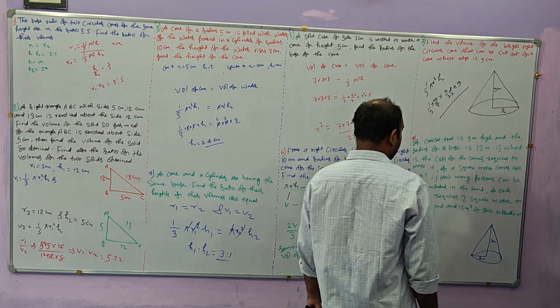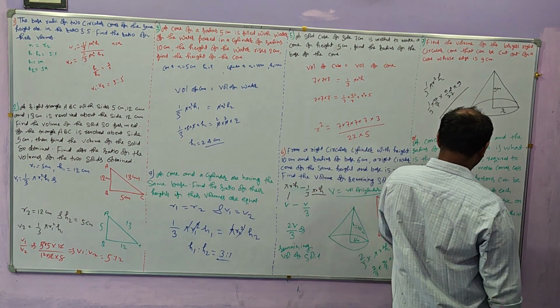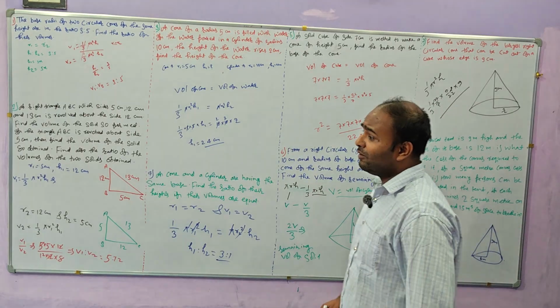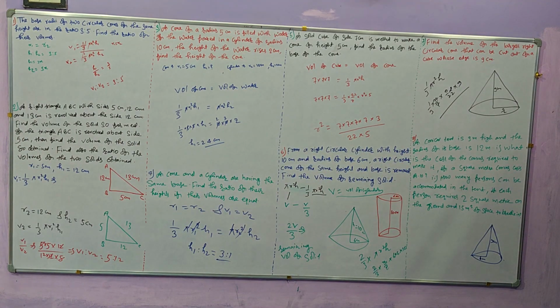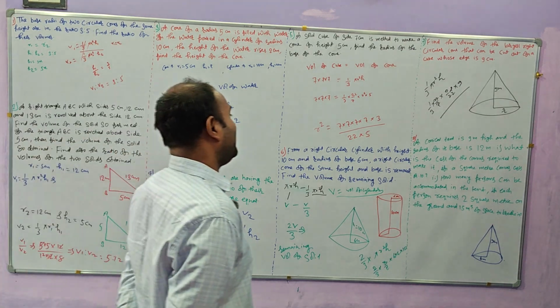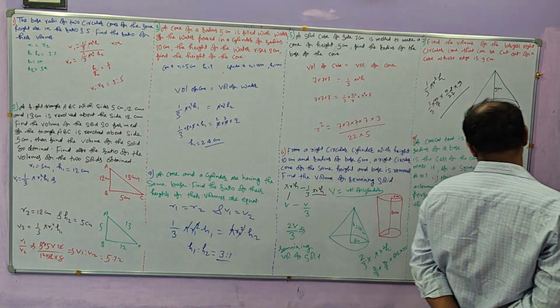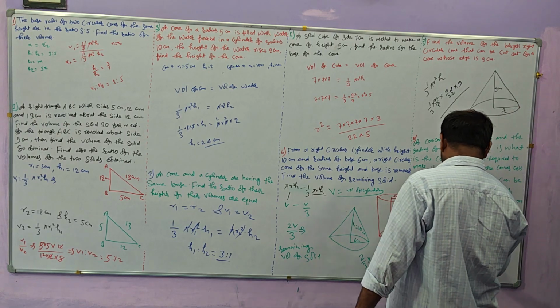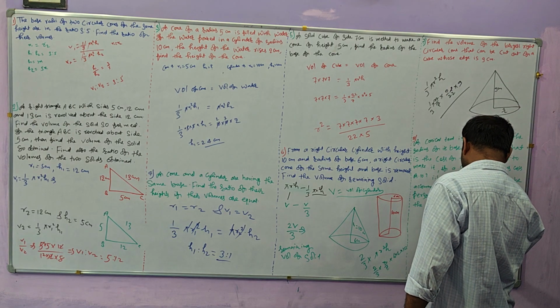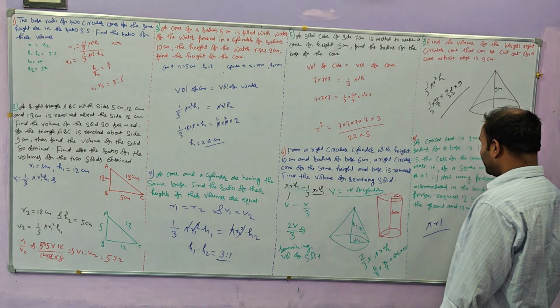So to find the cost of canvas required to make it, we need to find the lateral surface area of the cone. That is pi r l.